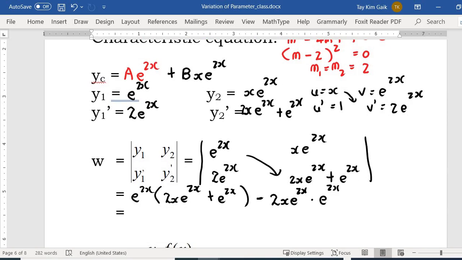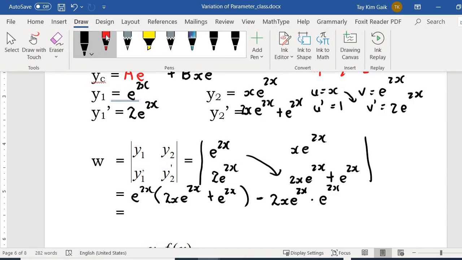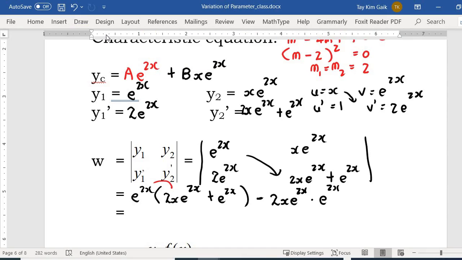Then you may expand and simplify. So you expand, you will have 2x exponent 2x times exponent 2x will be exponent 4x, so plus exponent 4x.